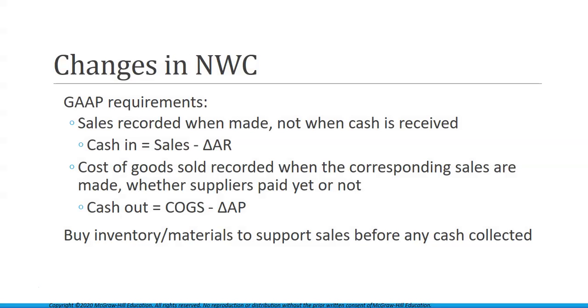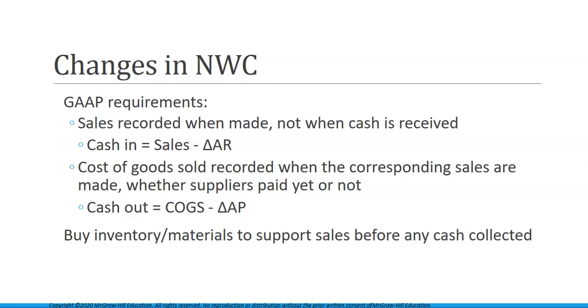When we're calculating changes in net working capital, we have GAAP requirements. So we have US GAAP, which requires that sales are recorded when made, not when cash is received, and that cost of goods sold are recorded when the corresponding sales are made, whether suppliers have been paid yet or not.